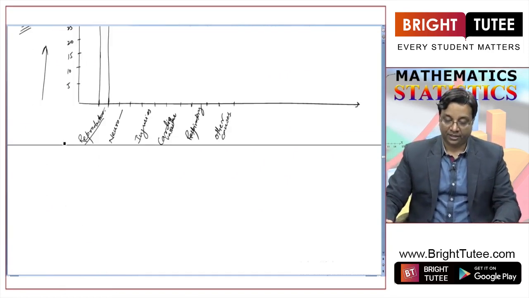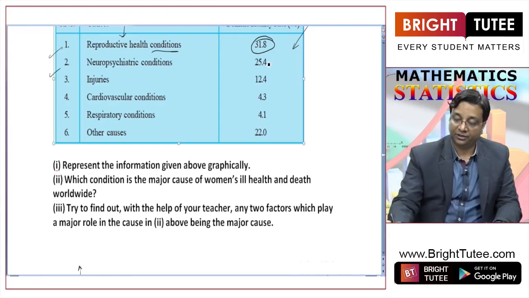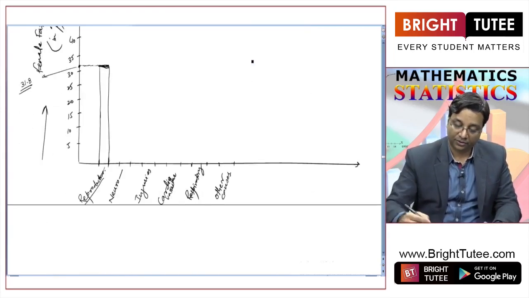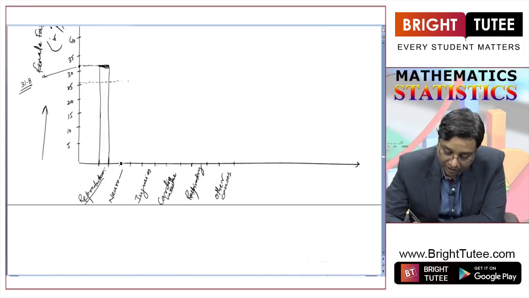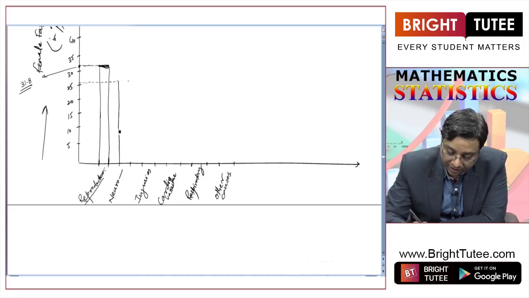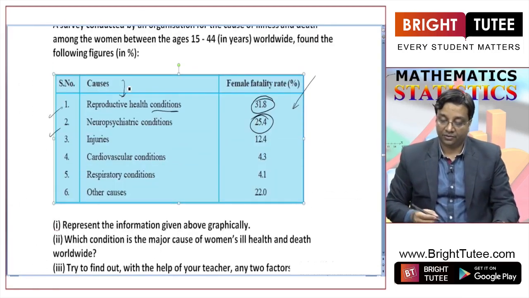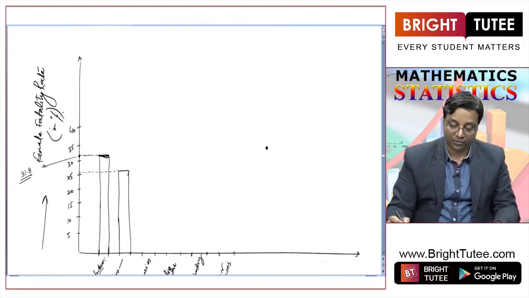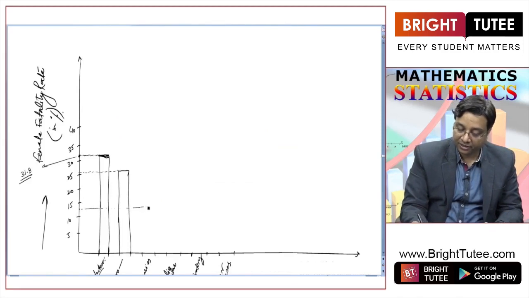Okay, next one is neuropsychiatric conditions, 25.4. So the point will be somewhere here, and this will be the corresponding height for the bar of neuropsychiatric conditions. For injuries, I'll take 12.4 as its height, which is somewhere here, and this should be the height.